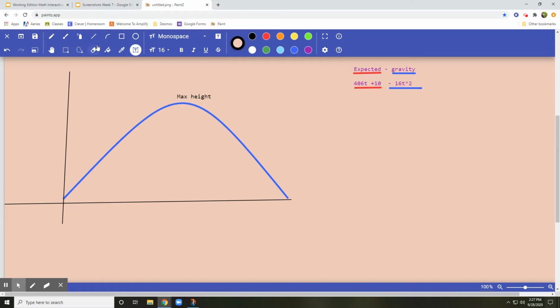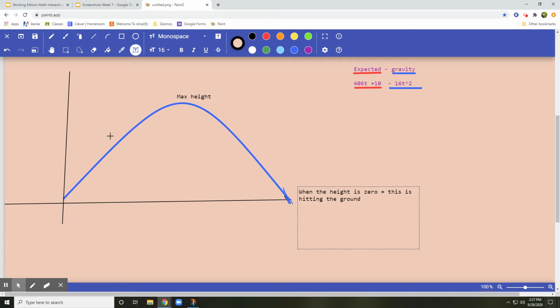When it got back to 0, this spot right here, when the height is 0, this is hitting the ground.